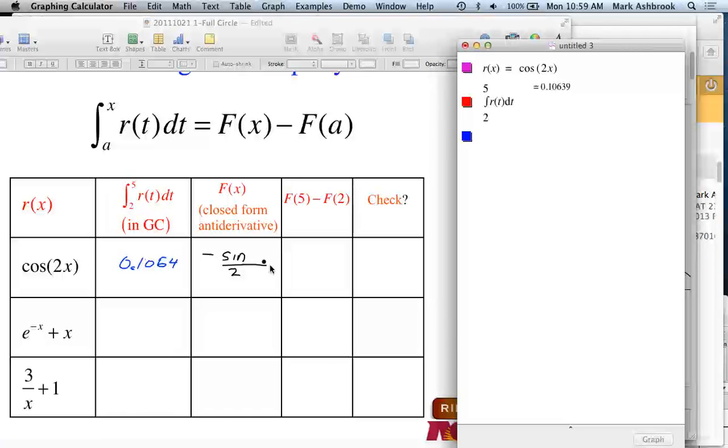I believe that'll be negative sine 2x still. Okay, all right, so how can we check? Take the derivative. All right, so take the derivative of this. What is the derivative of negative sine? It'd be negative cosine, right?